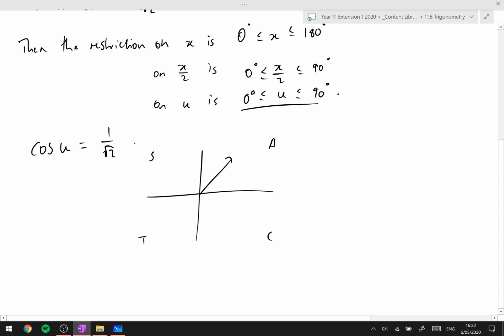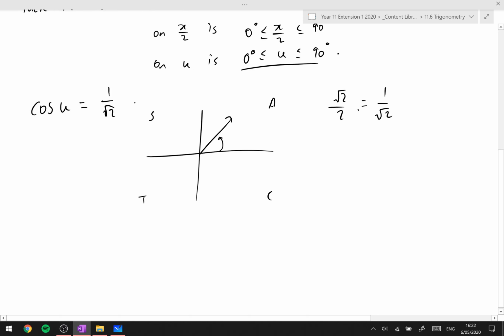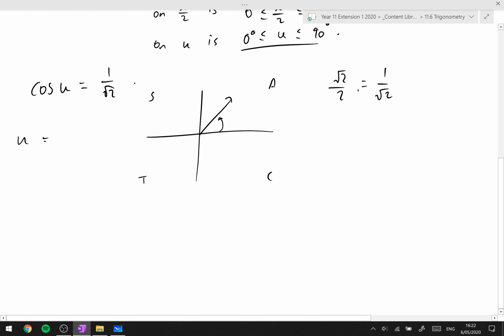Okay? Now, when is cos of u equal to 1 on root 2? Or for what value of u, what angle gives me 1 on root 2? Okay, well 1 on root 2 is the same as root 2 on 2, and I'm hoping we remember our special angles, and we must mean that u has to be equal to, well, cos of what is equal to 1 on root 2?